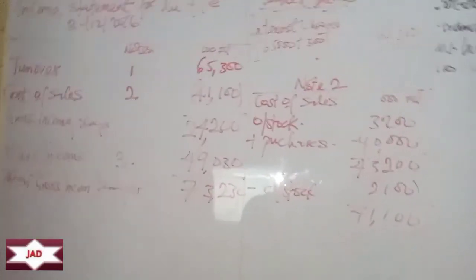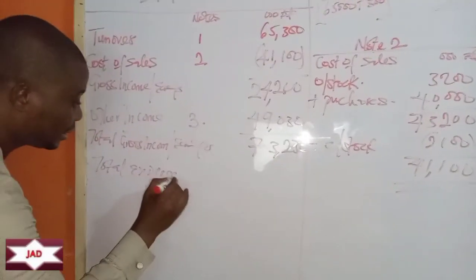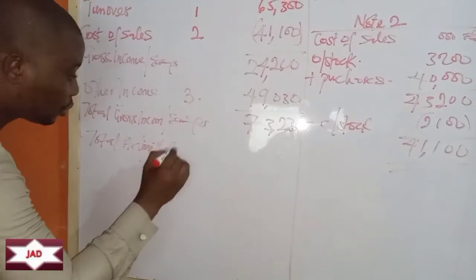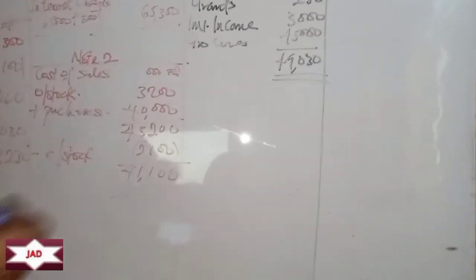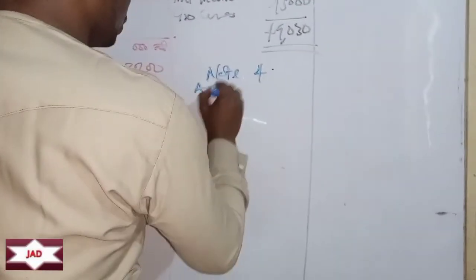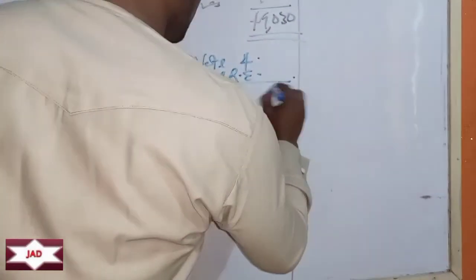Then the next one I will say total expenses, or let's call it total administrative and running expenses. Let's call this note 4. So we'll call it administrative and running expense.